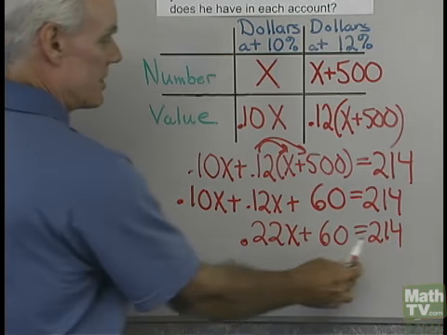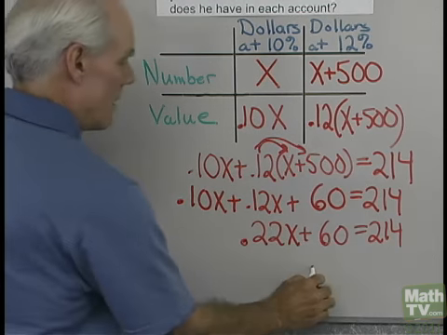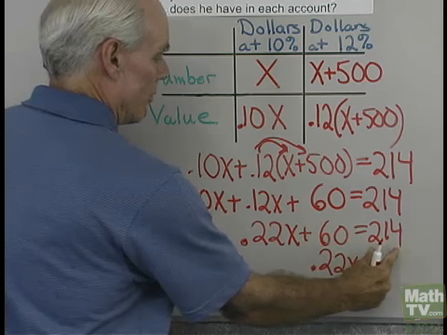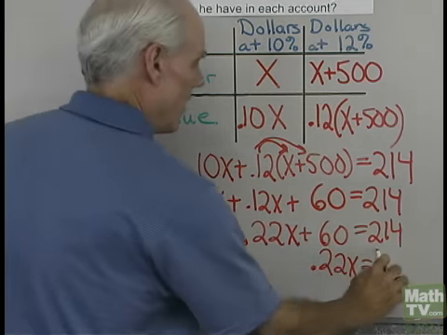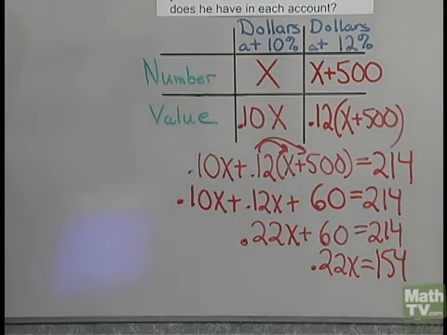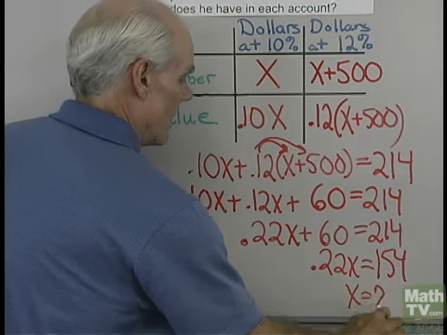I'll add negative 60 to both sides and get 0.22x is equal to 214 minus 60, which is 154. Now I'll divide both sides by 0.22 and I'll end up with x is equal to 700.